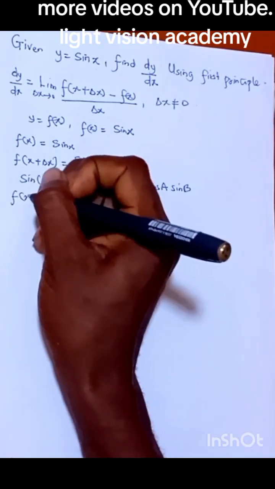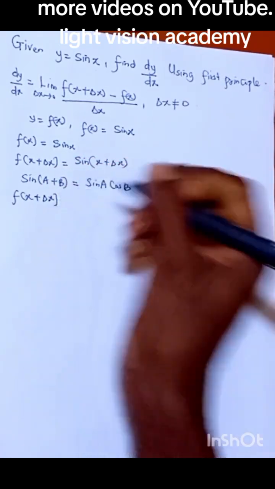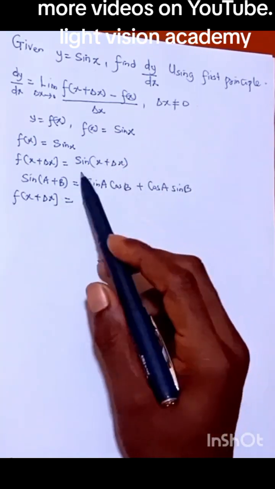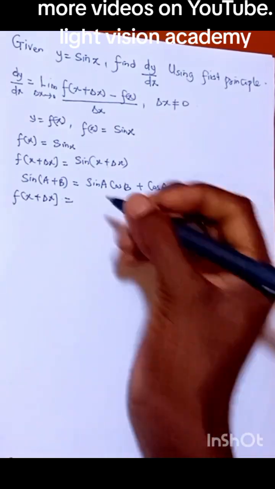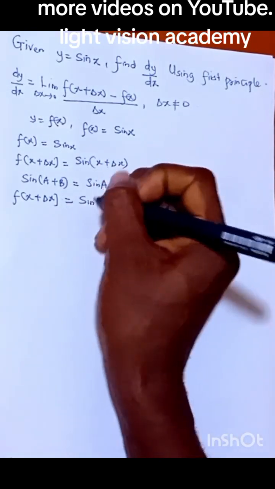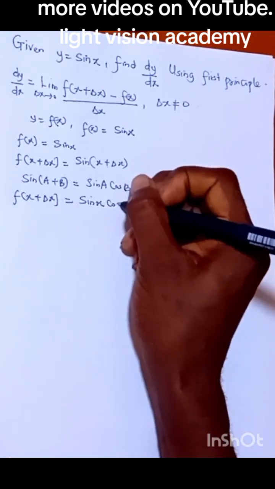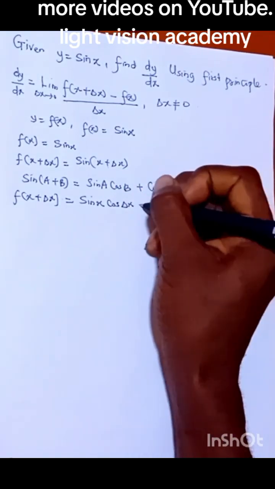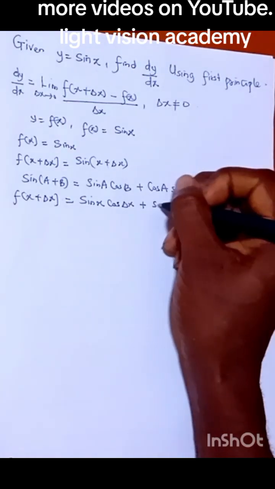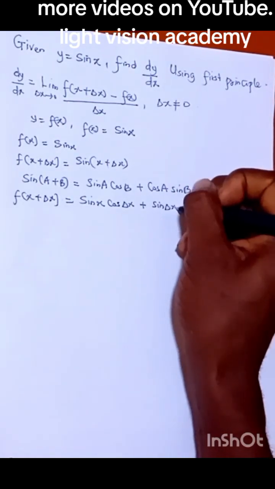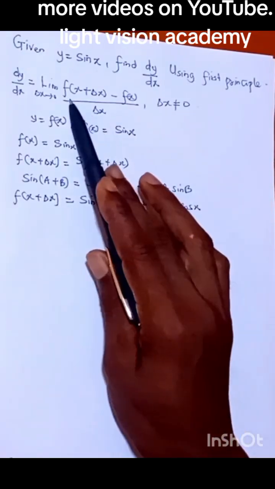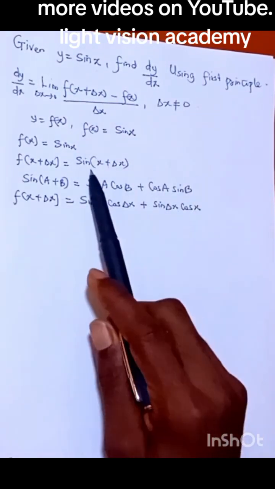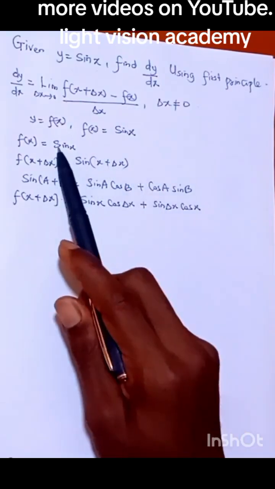So f(x + Δx) equals, since we have sin(x + Δx), it will now be sin x cos Δx plus sin Δx cos x. So we now use this to replace f(x + Δx) minus f(x).